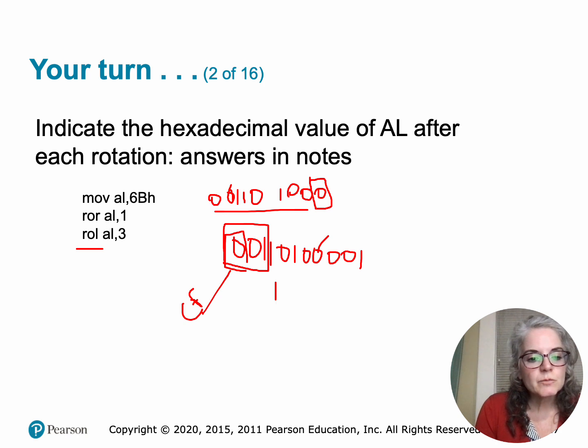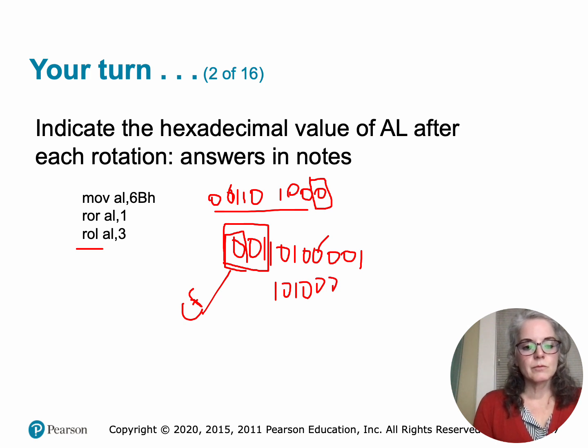So my new number is 1, 0, 1, 0, 0, 0, 0, and 1. And when I change that, hopefully I did that right. Let me check.